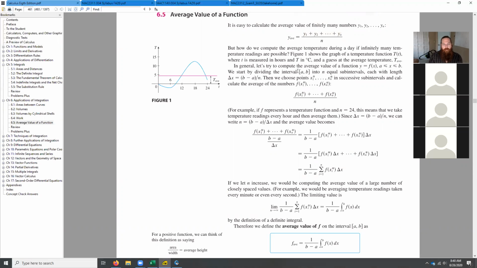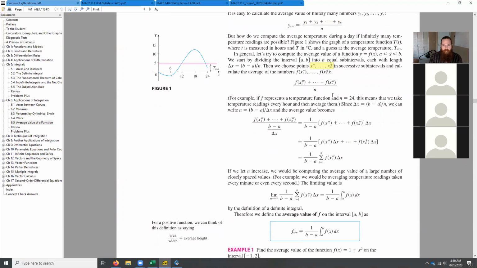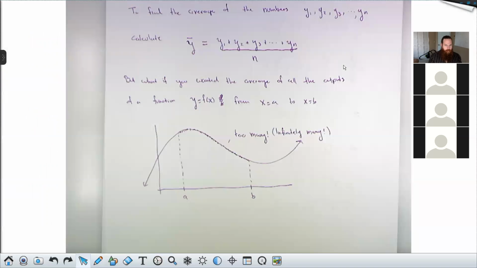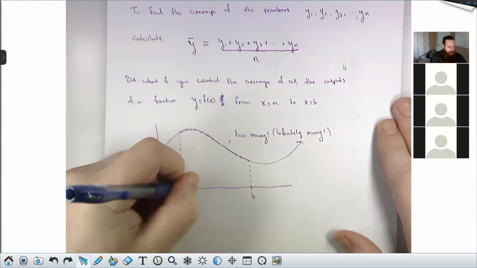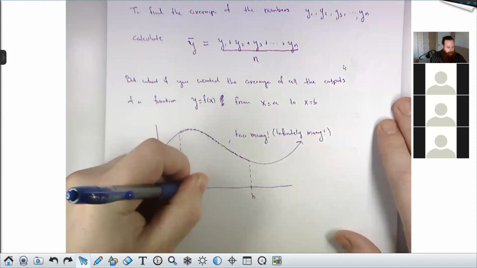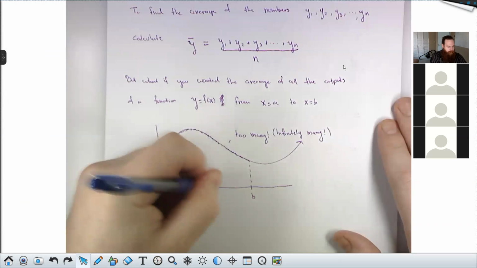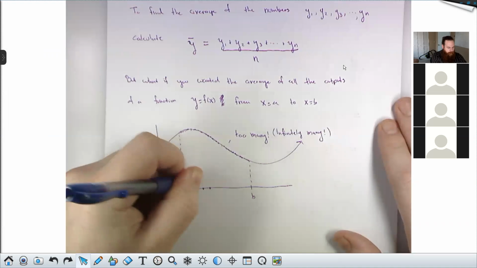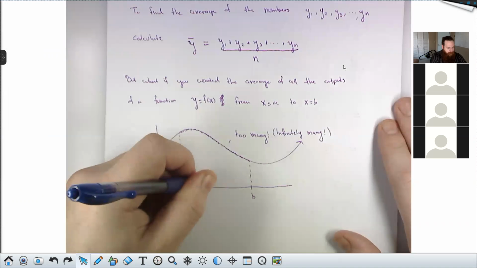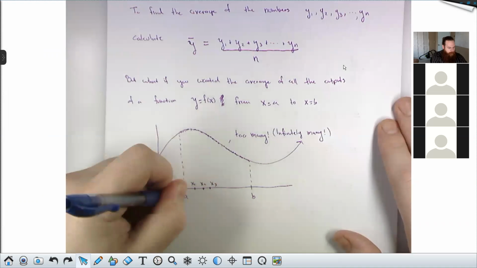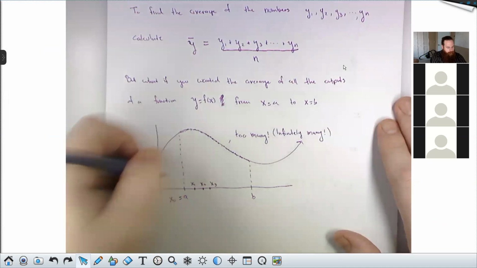If we wanted to find the average for all the values of a function between a and b, you can chop that up into a bunch of subintervals and then start building a Riemann sum. And that's precisely what they do here. So let me try to help you see this here. So we can chop this up into a bunch of subintervals. So this would be x1, this would be x2, this would be x3. A is x0.